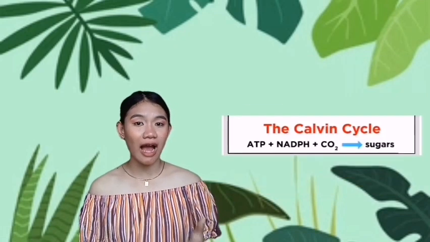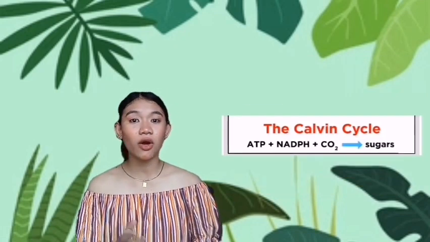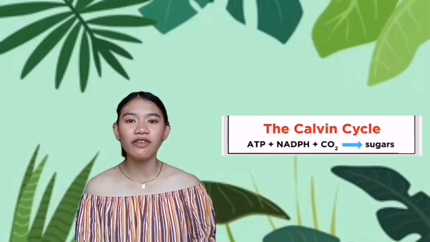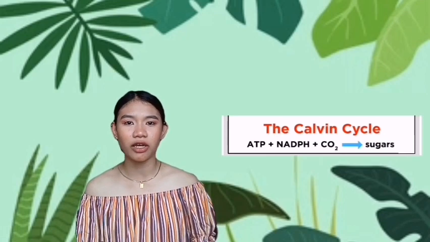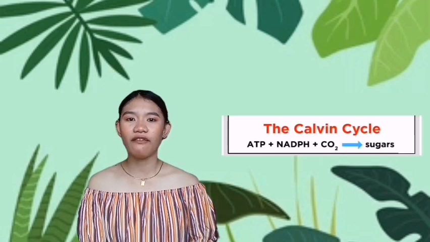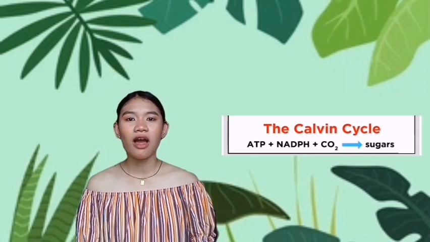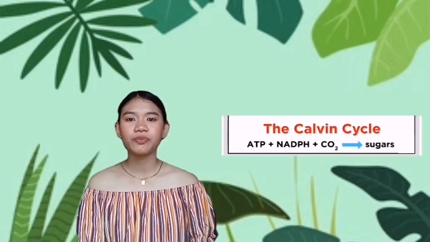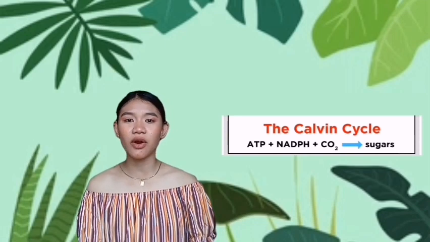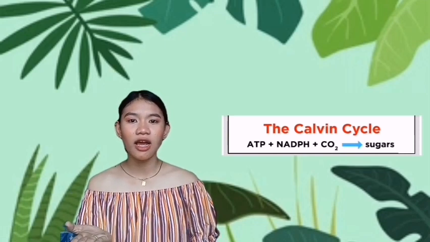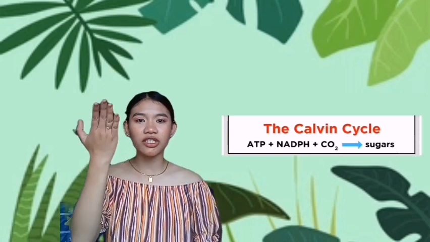The Calvin cycle, unlike the citric acid cycle, the Krebs cycle, which is catabolic, is anabolic, which means building organic molecules from smaller components, requiring energy to do so. The Calvin cycle is organized into three basic stages: fixation, reduction, and regeneration.